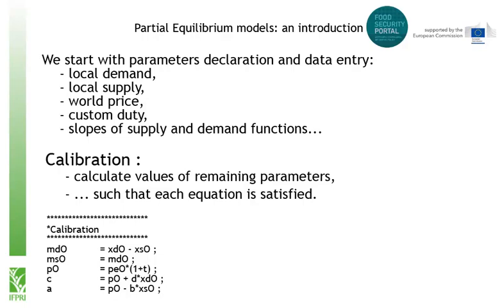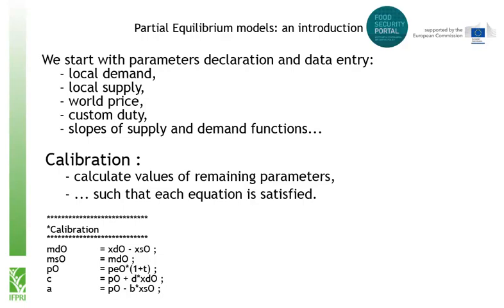And then you do the same thing for A, and you have a new parameter which has a value, and you also have this equation of supply functions which is satisfied. So you are sure at the end of the calibration that every parameter has a value, and also that every equation is satisfied.